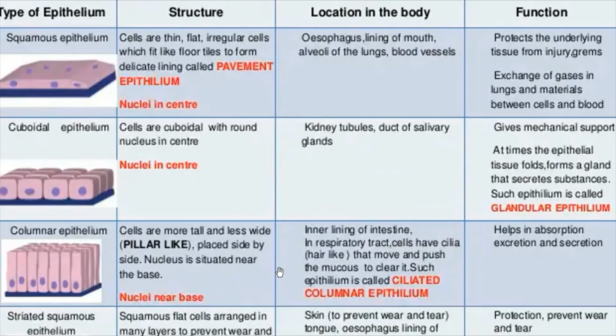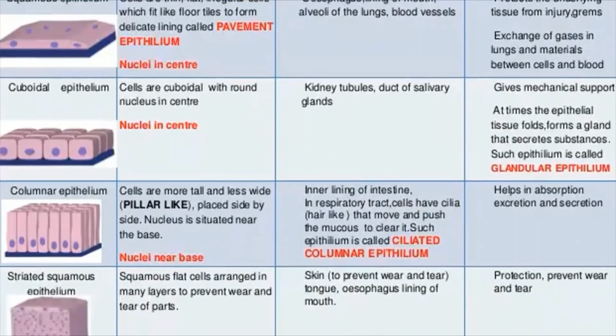Inner lining of the intestine, in respiratory tract, cells have cilia, hair-like. Cilia means the hair-like growths that move and push the mucus to clear it. Such epithelium is called ciliated columnar epithelium. जिन भी columnar epithelium में आपको cilia मिलेंगे, they are called the ciliated columnar epithelium. And what is their function? They just help in absorption, secretion, and excretion in the body.